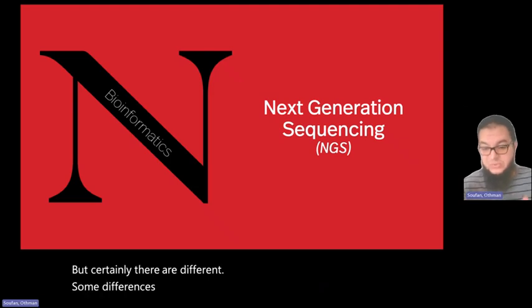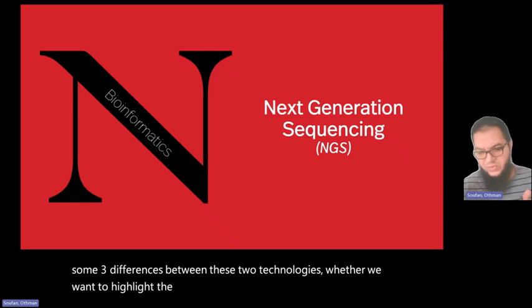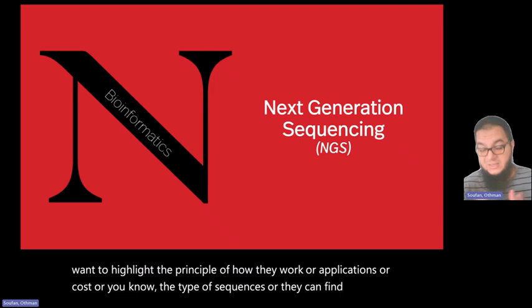So what I want you to do is look up 3 differences between these 2 technologies, whether you want to highlight the principle of how they work, or applications, or cost, or the type of sequences they can find. Share that with me, okay?